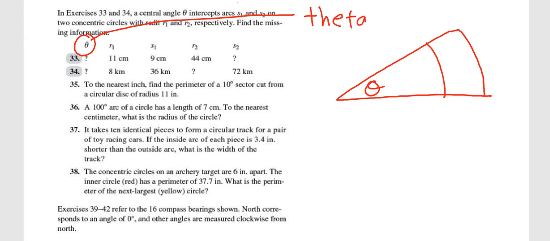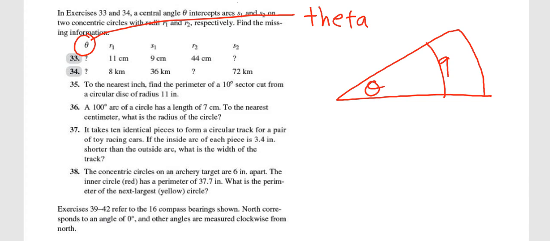And that's how you spell or phonetically talk about the Greek letter theta, which we will be using a lot this semester. It's used for angle measurements. Okay, so they said that the arc length 1 is 9 and the arc length 2 is unknown. Okay, we don't know that part.